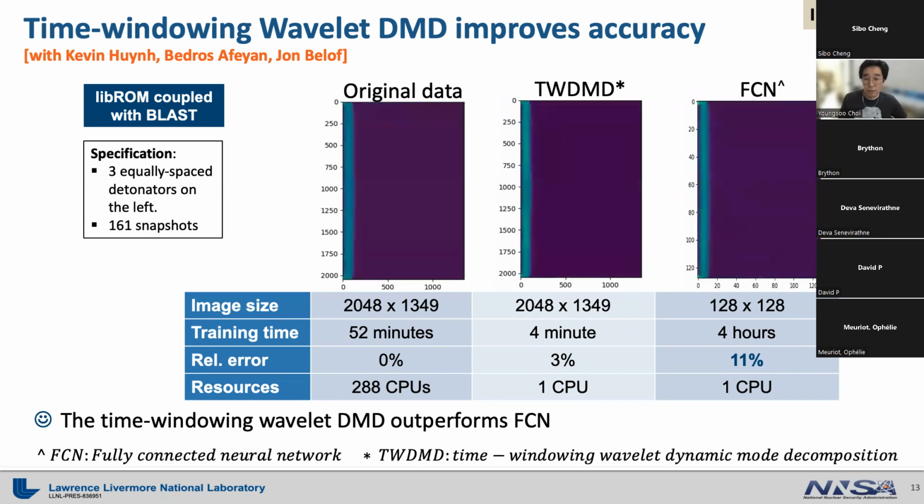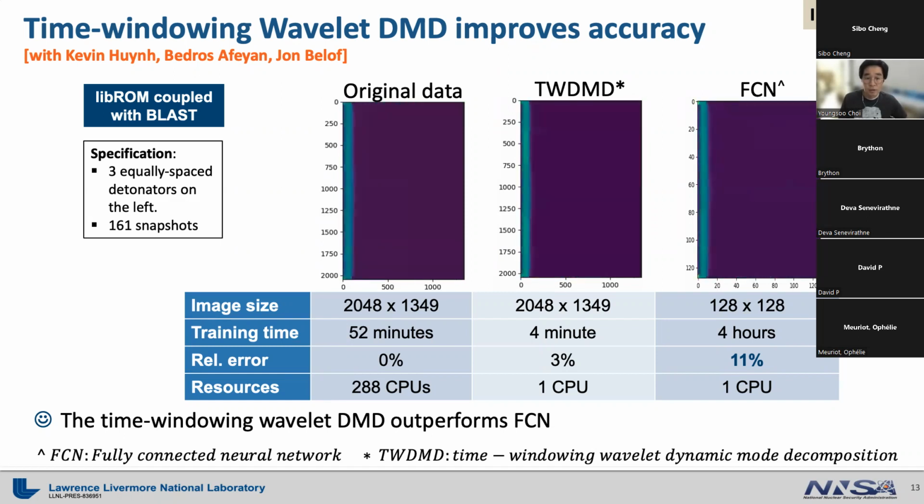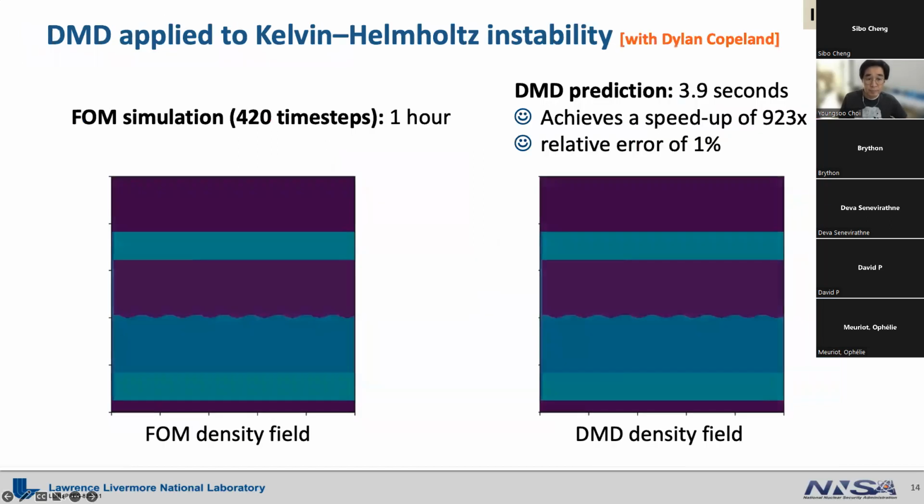Well, also look at the accuracy. The DMD gave a better accuracy than the neural network. I would say that this shows the power of interpretable DMD. We have also applied DMD to the Kelvin-Helmholtz instability problem, where we achieved 900 times speed up with a relative error of 1%, which again is a wonderful result.